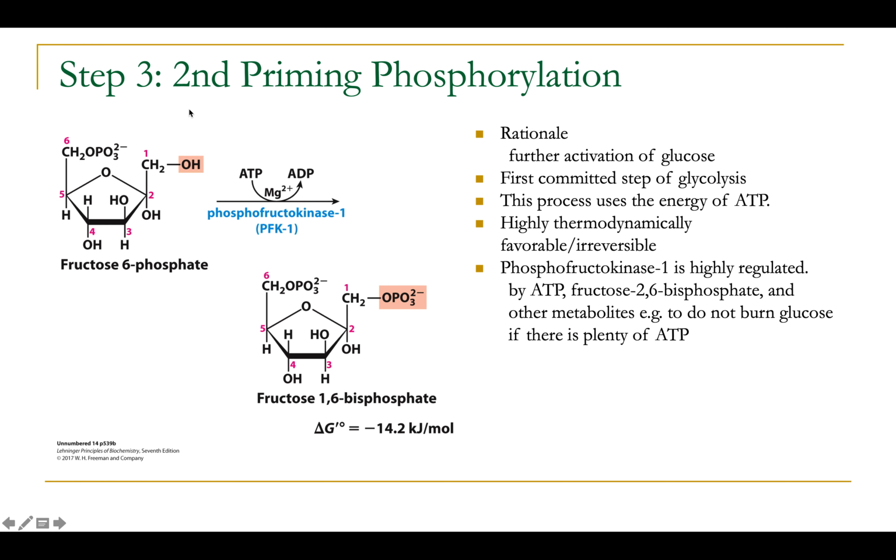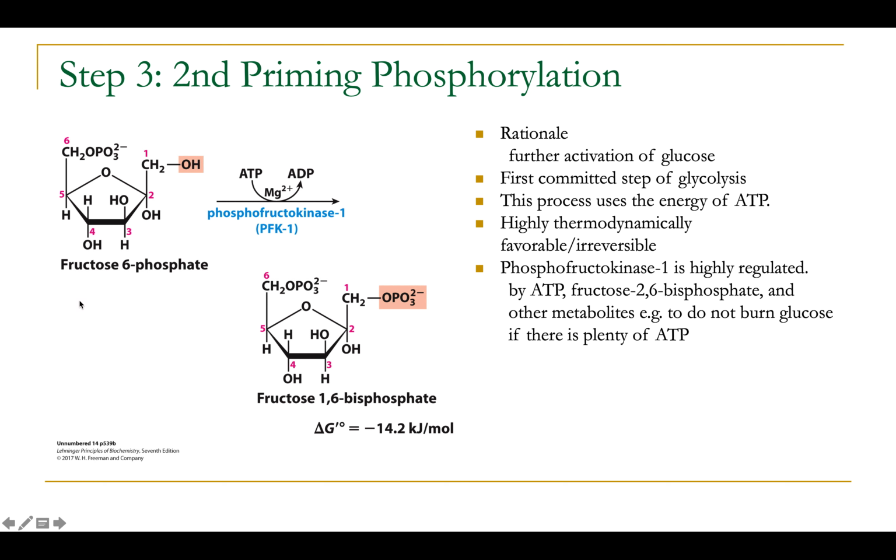In the third step, the fructose 6-phosphate is further phosphorylated in the first position to become fructose 1,6-bisphosphate. As in the case of glucose phosphorylation, to gain the energy required for formation of the ester bond between the phosphogroup and fructose, the phosphogroup is transferred from highly energetic ATP, converted into ADP.